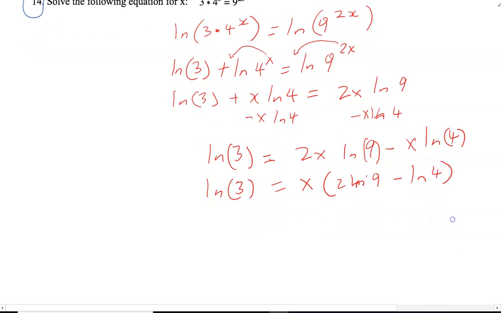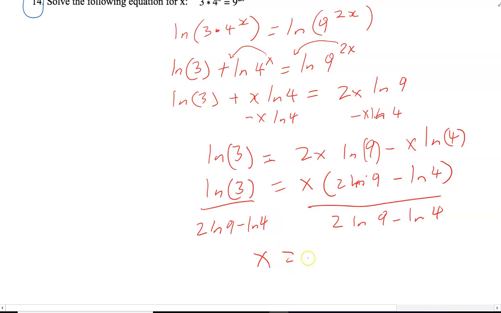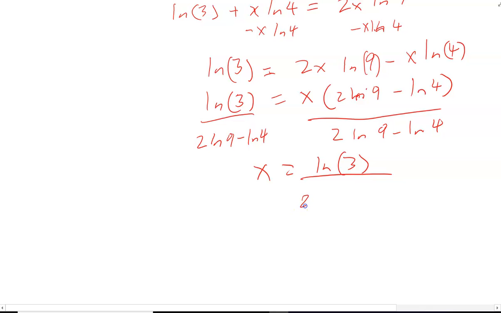Then finally, if we divide both sides by 2 ln of 9 minus ln of 4, the final answer will be x equals ln of 3 over 2 ln of 9 minus ln of 4.